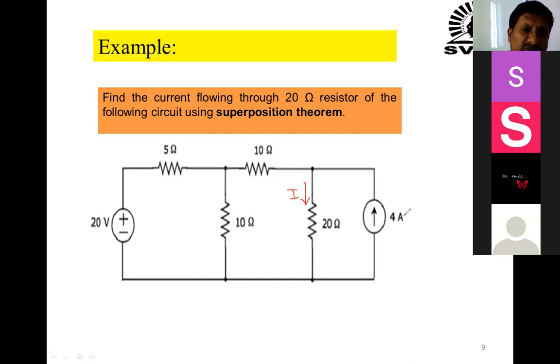So we want to find out the current I due to only 20 volt. After that, we want to find out the current I due to only 4 ampere current source, and finally we can combine those currents to get the final answer of I. So this is how we apply the superposition theorem step by step.